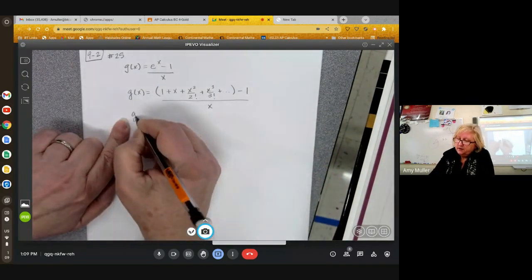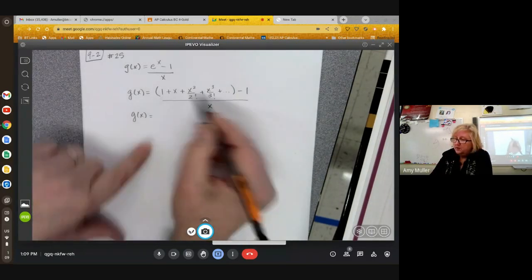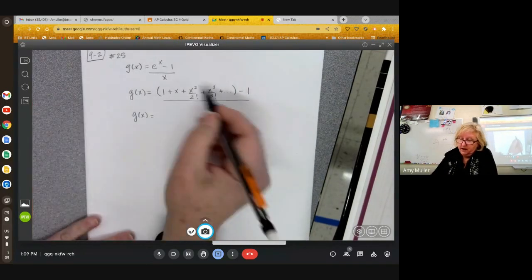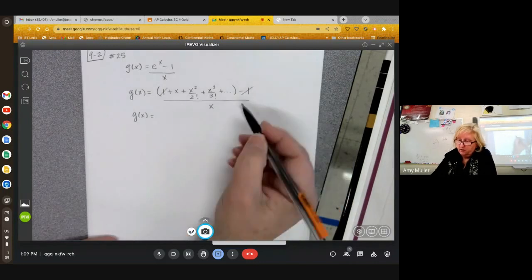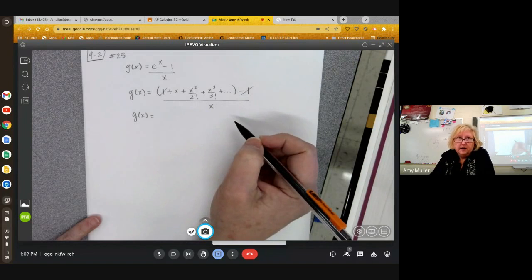So g of x is equal to, what happens to the 1 and the minus 1 here? They get blasted away and zeroed out. And then if I divide every one of these terms by x, what do we get?